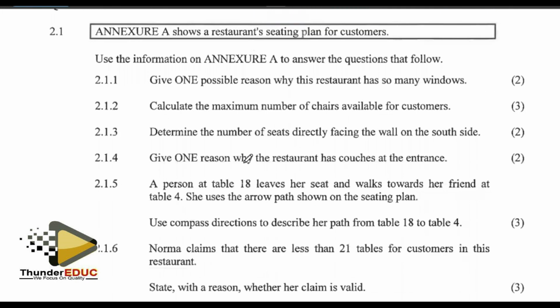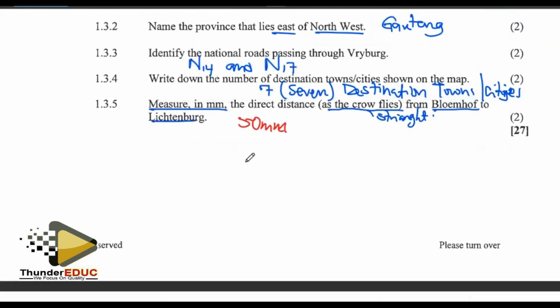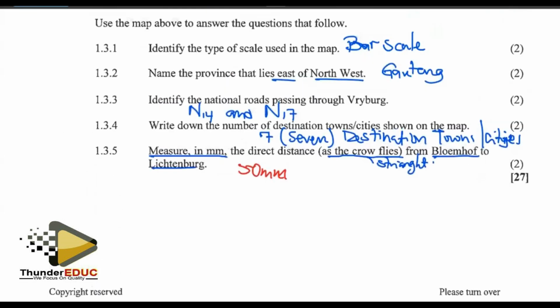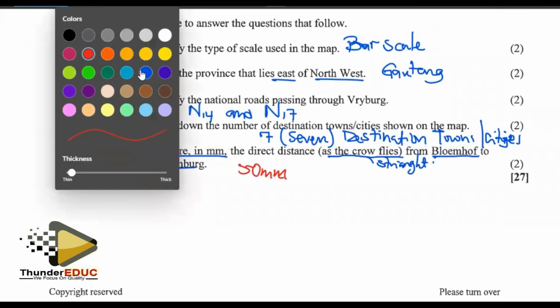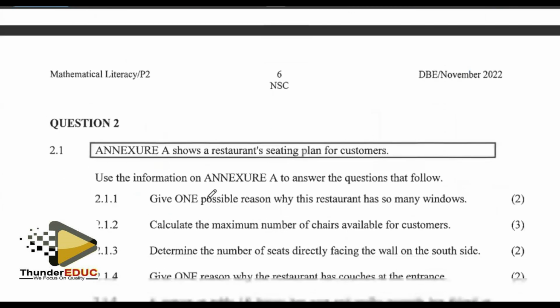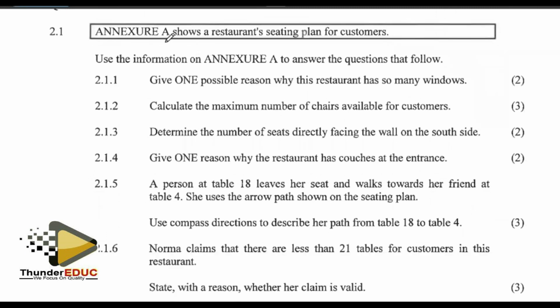All right. Let's look at question number 2. Question number 2 talks of the annexure. Get it, please.